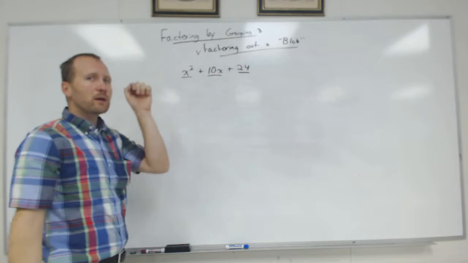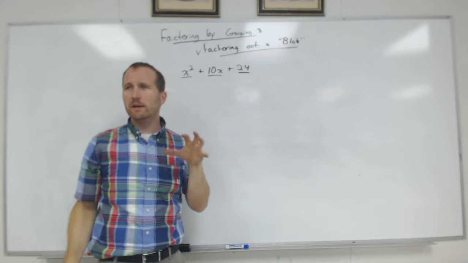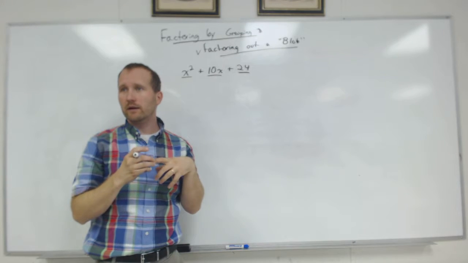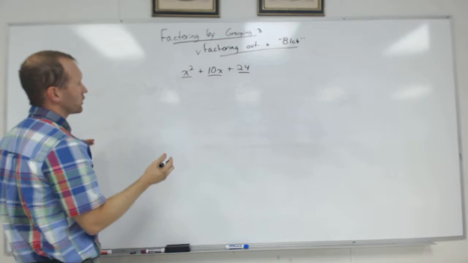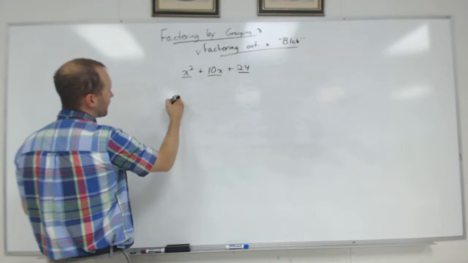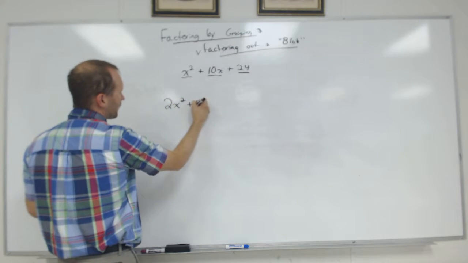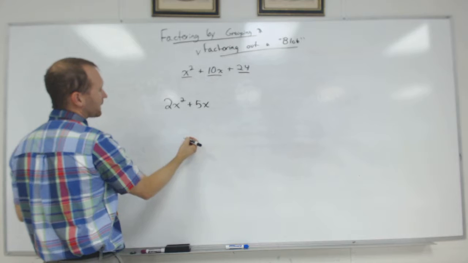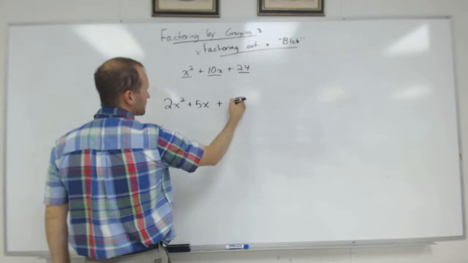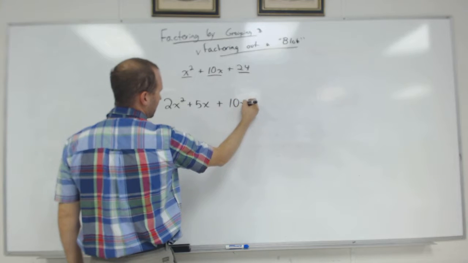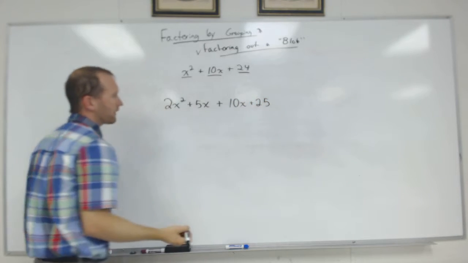With factoring by grouping, the way you know you need to do this, and this will sometimes come up just on its own, like on a placement test, is that you typically have 4 terms. So it might be something like this: 2x squared plus 5x plus 10x plus 25.